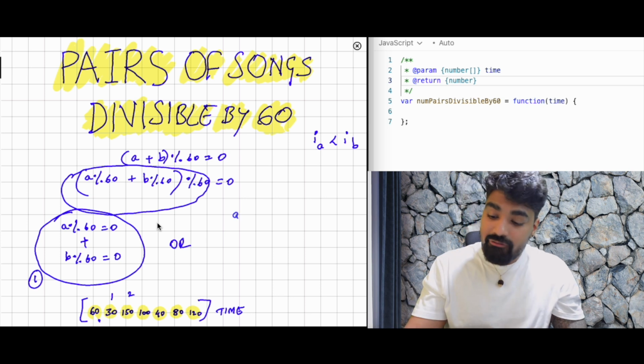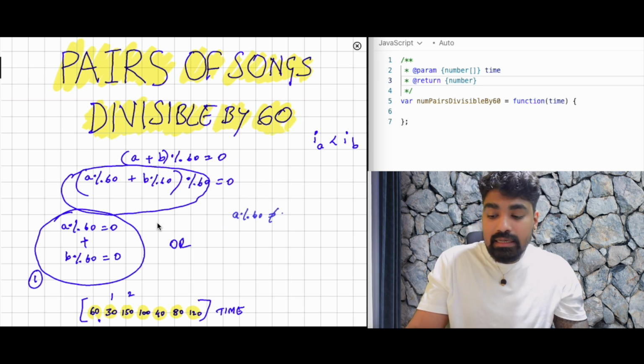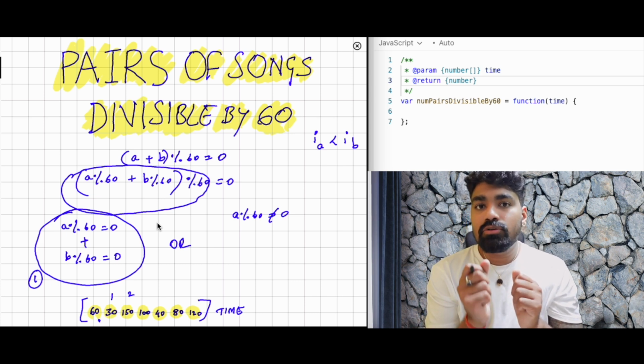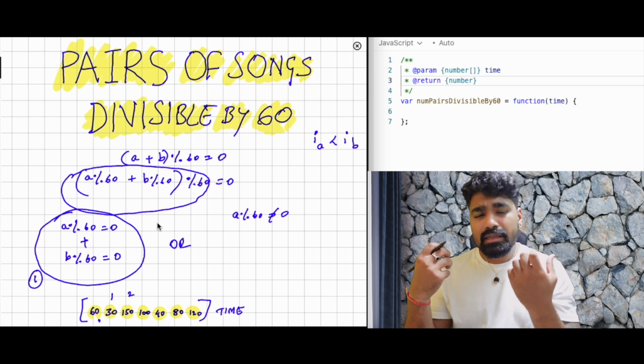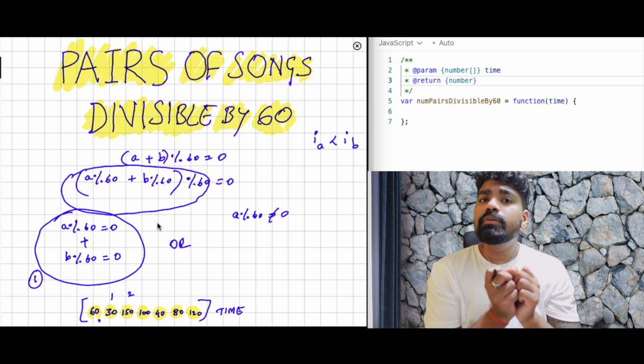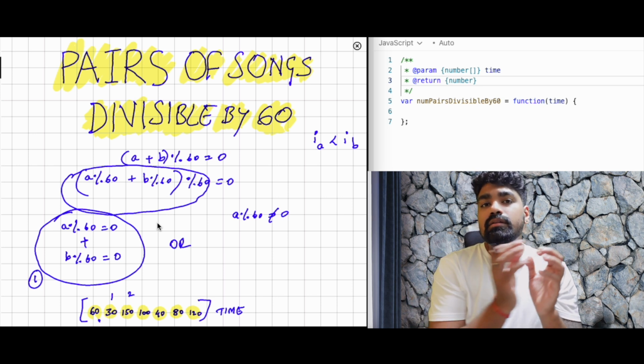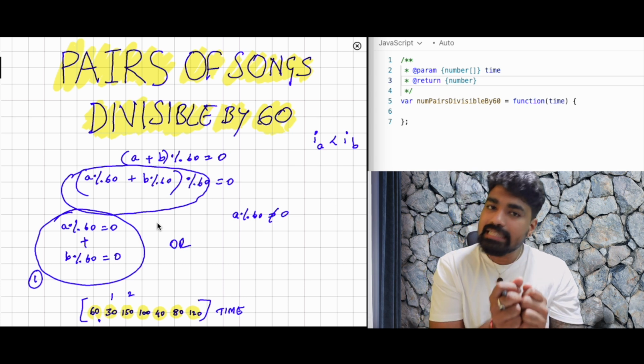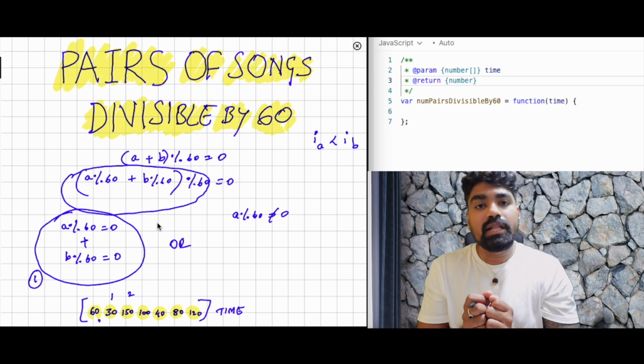Criteria 2 is that when A mod 60 is not equal to 0, in that case, if we are able to find B such that the remainder of B and the remainder of A add up to 60, then we can say this pair is divisible by 60.